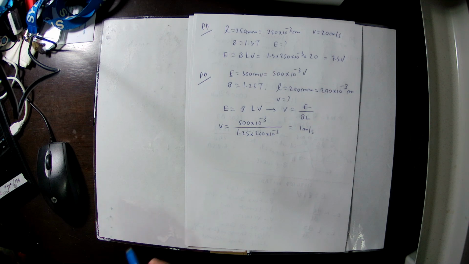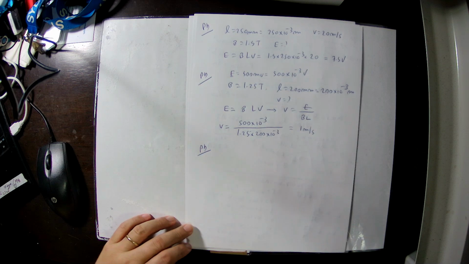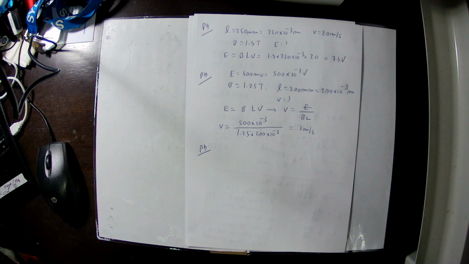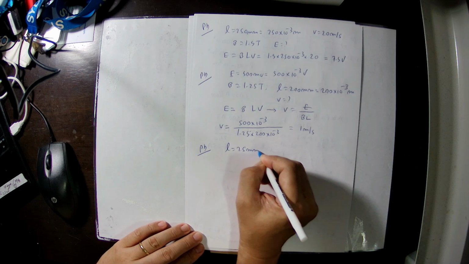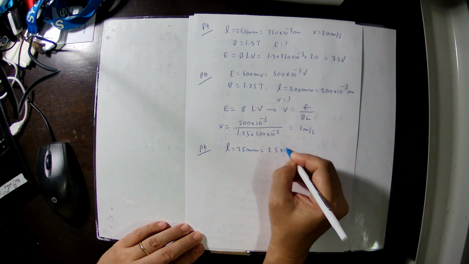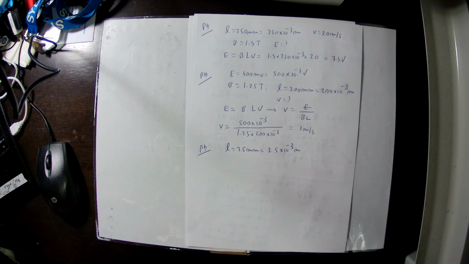Next one. Given the conductor length is 25 millimeter, so 25 into 10 power minus 3 meter. It cuts through the flux at a right angle.